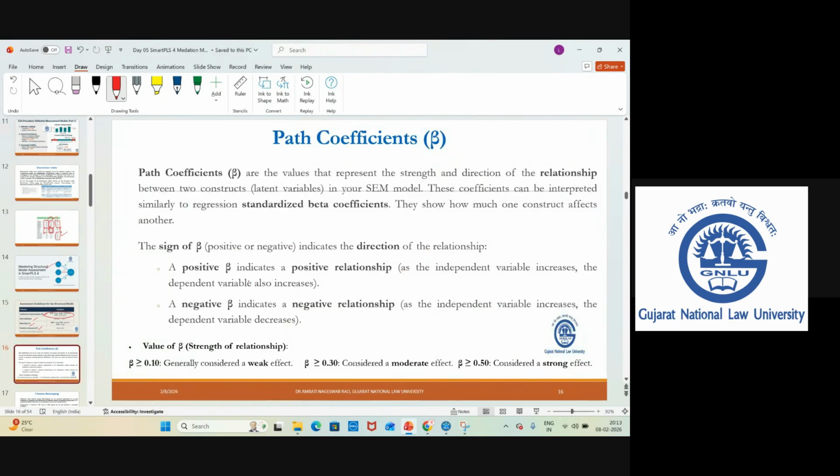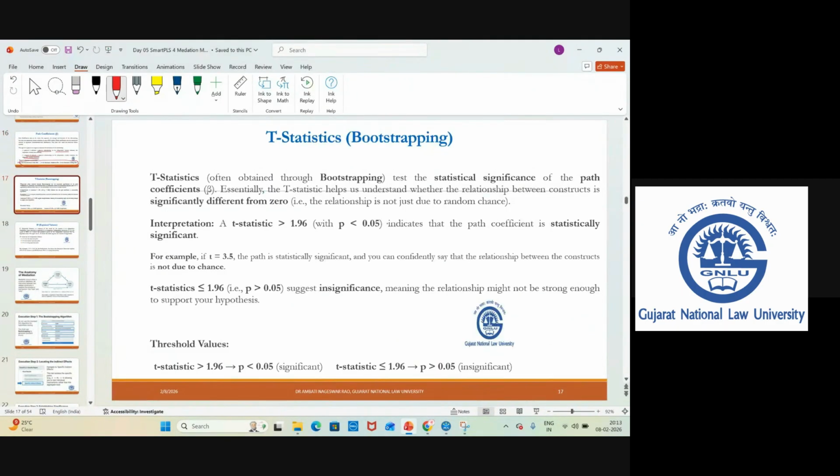Based on the path coefficient results, if you're getting a positive relationship, it means when the independent variable increases, the dependent variable also increases. If the path coefficient is negative, when the independent variable increases, the dependent variable decreases. Second, the t-value should be greater than 1.96 and significant. If it is reverse, the results are insignificant.